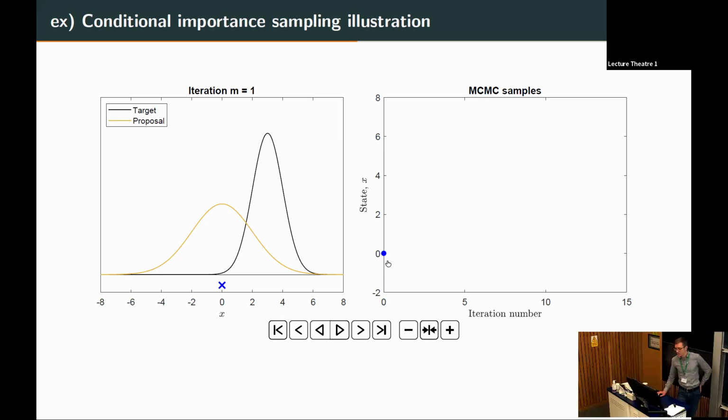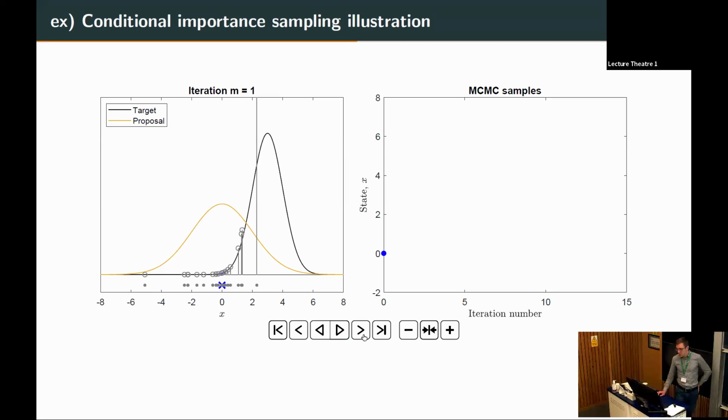We initialize the Markov chain here at 0, which means that we have a conditional sample here at 0. Then one application of this kernel proceeds as follows. First we generate a bunch of samples from the proposal. That's the yellow line here. Those samples are represented by the gray dots.